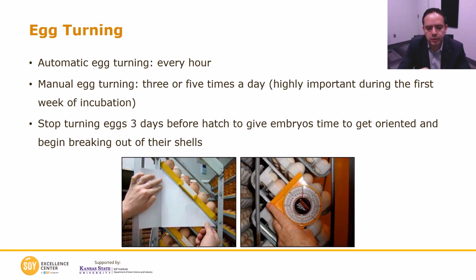So just marking the eggs helps you know if you forgot to turn a particular egg or not. It is important to remember to stop turning eggs 3 days before hatch to give embryos time to get oriented and begin breaking out of their shells.